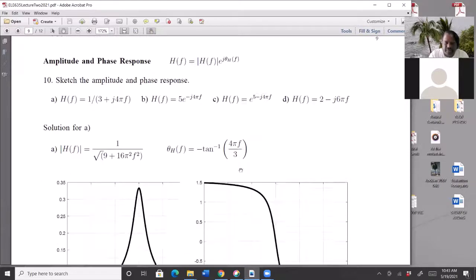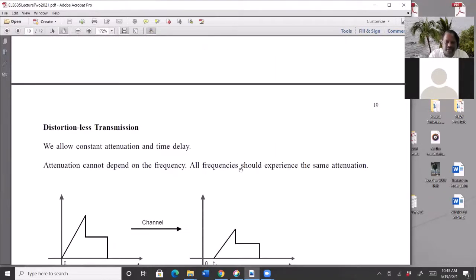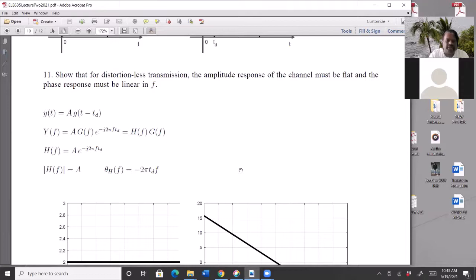We are going to prove that using our knowledge of the Fourier transform and show that for distortionless transmission, the amplitude response of the channel must be flat, meaning it is a constant, and the phase response must be linear in f. So what I am writing here, starting here, is what I described in English first.